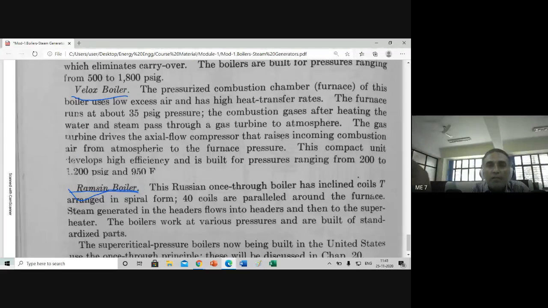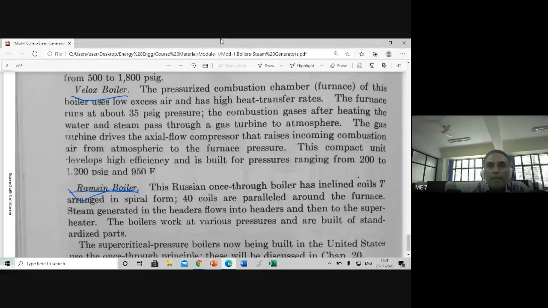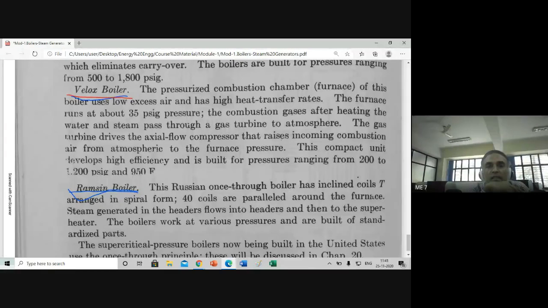Coming to the Velox boiler. The pressurized combustion chamber furnace of this boiler uses low excess air and has high heat transfer rates. That is its advantage.